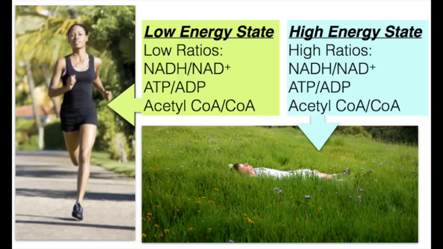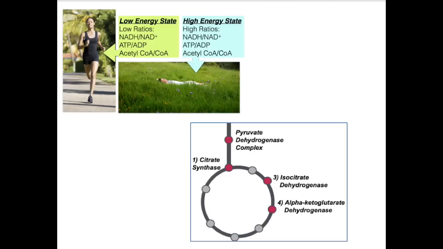In contrast, in a high energy state, these ratios will all be high, indicating that the cell has enough energy and it's time to turn this cycle down. And so these 4 enzymes in high energy states will be turned down, leading to a buildup of metabolites.